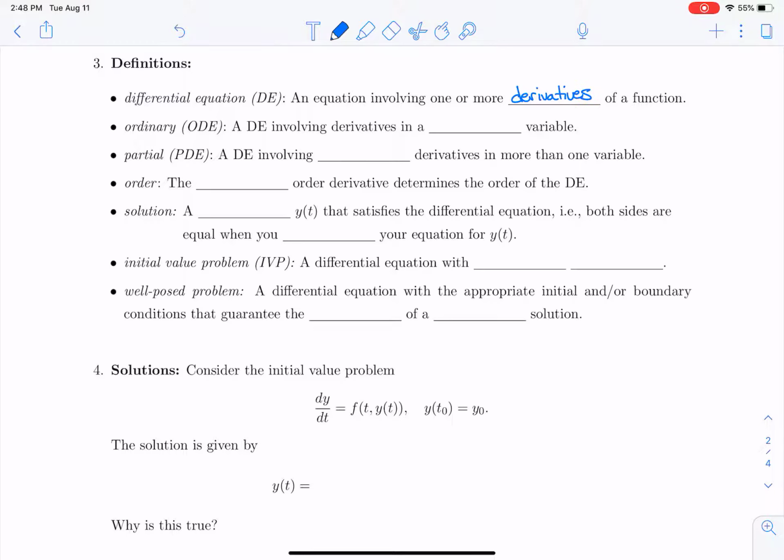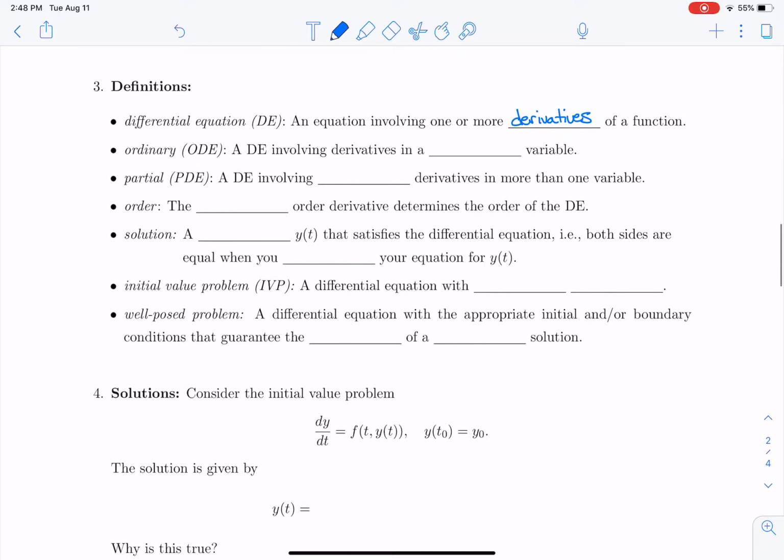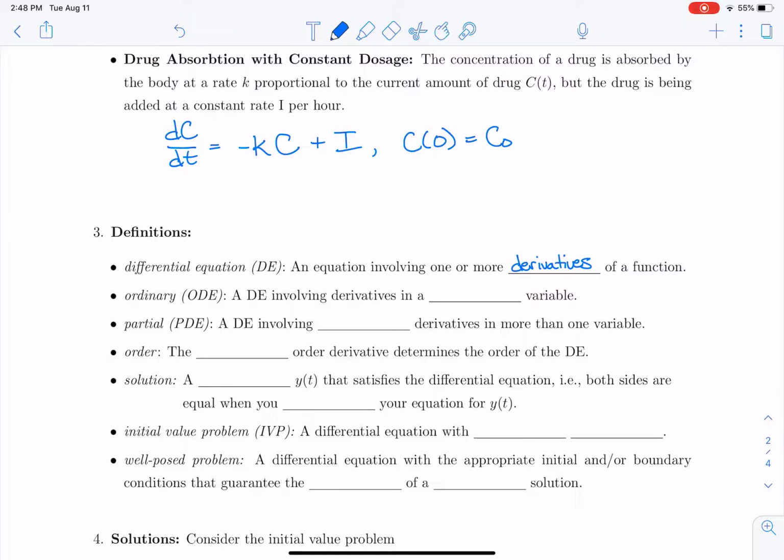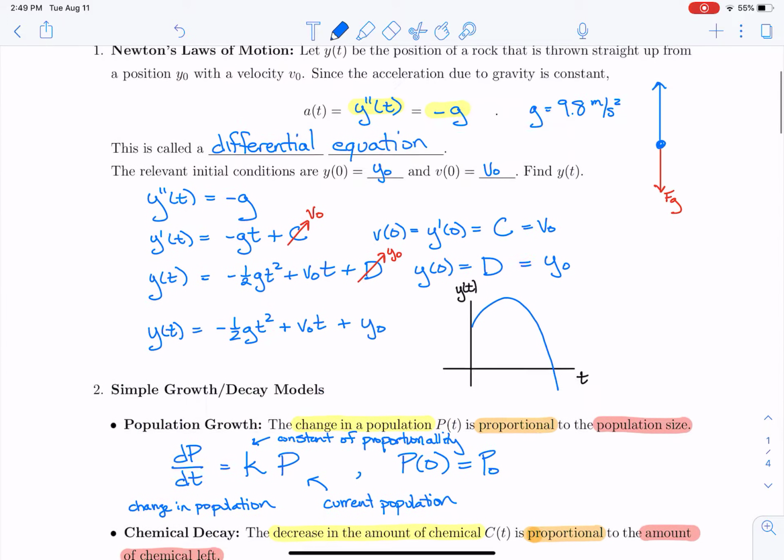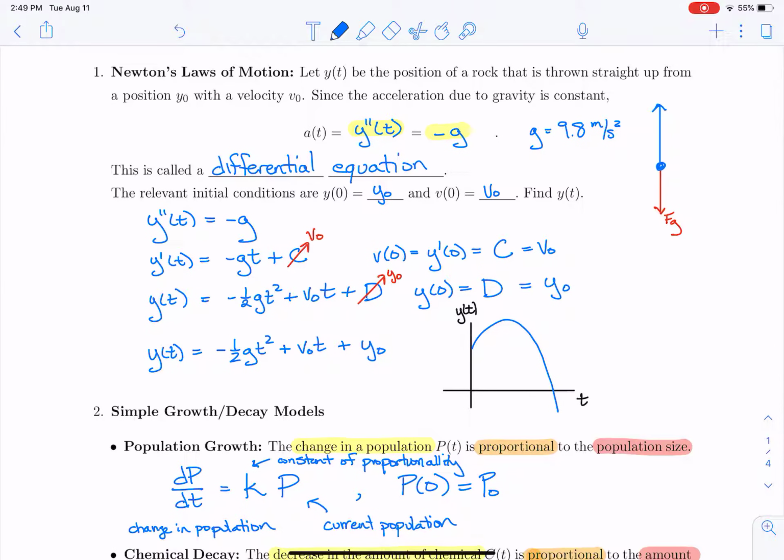We've seen some differential equations like the one here for the drug absorption rate. It's an equation that has one derivative and also has the function itself in it. We also saw, if I scroll back up, the Newton's law of motion example that had a second derivative in it. But again, it has a derivative in the equation.